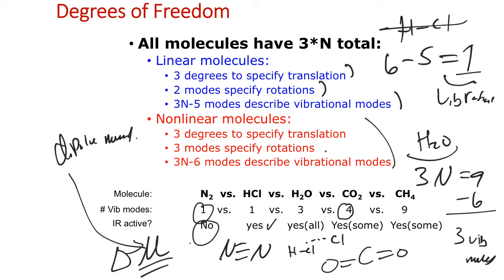Now CO2, this one might be kind of confusing to some because the molecule is nonpolar, no dipole moment, but if you imagine this oxygen, say, stretching in a nonlinear fashion, if you imagine what's called the asymmetric stretch, where one of the oxygen-carbon bonds is shortening, the other one's lengthening, now that molecule is going to pick up a dipole moment and have a different dipole moment than that of CO2 of 0. So some of the modes of CO2 are IR active, allowing CO2 to absorb infrared light.